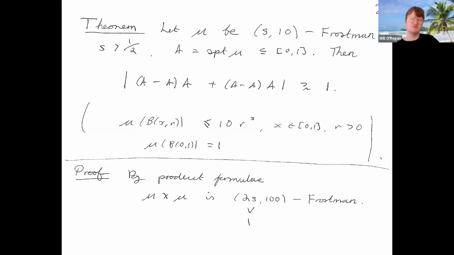So essentially, the dimension of this measure is increasing from s to 1. I've written here what I mean by a Frostman measure. I've gone for 10 as the constant here; it's not very important. It's just that if you have a ball of radius r, the amount of measure that can be in that ball is at most r to the power of s.